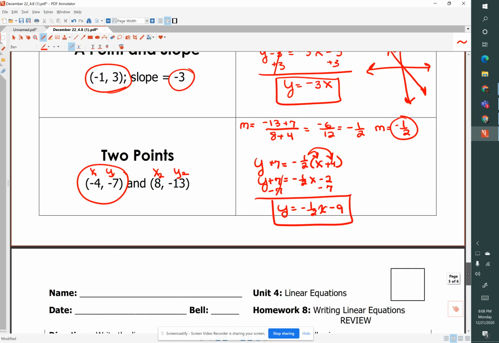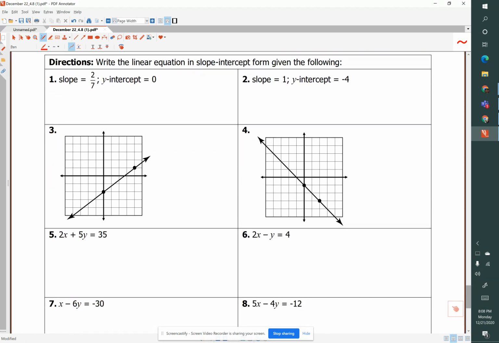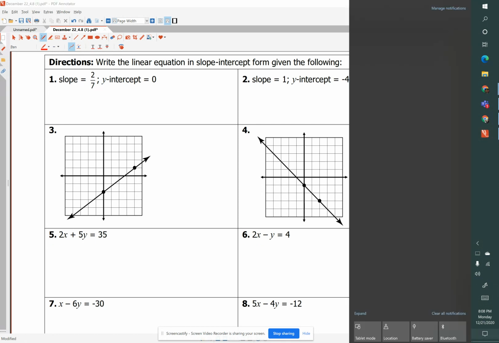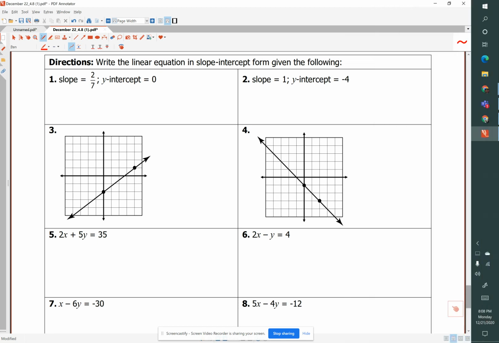And let's go ahead and do some of these homework problems. Just one page. So again, we are given the slope and we're given the y-intercept. This is easy. If the y-intercept is 0, there's no b value. So this will be y equals 2/7 x. End of story.